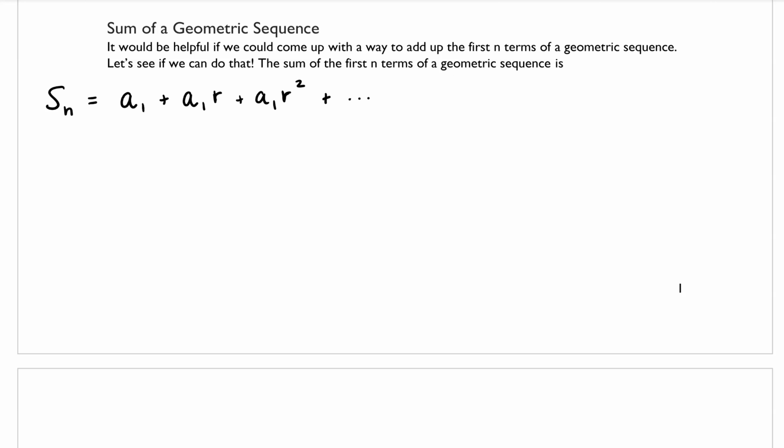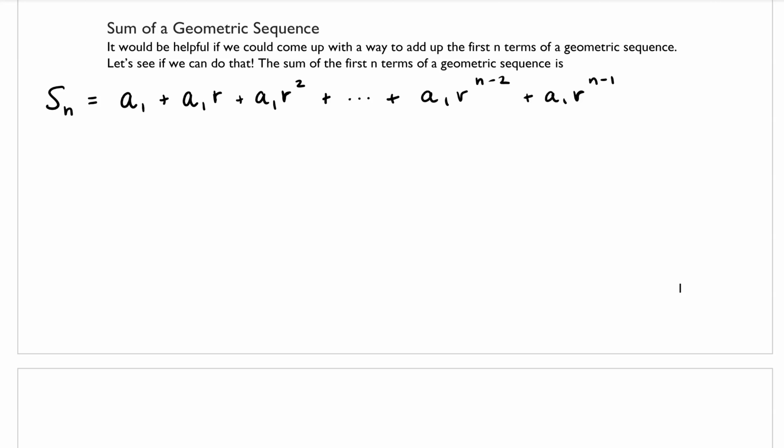And if I continue this pattern, then we would have a sub 1 times r to the n minus 2 power plus a sub 1 times r to the n minus 1 power. So that's how we would add up the first n terms of a geometric sequence.